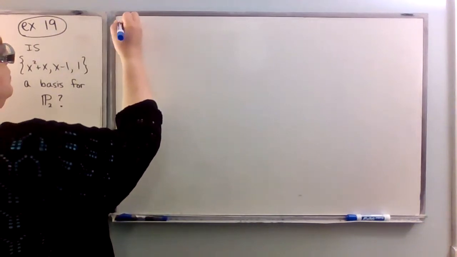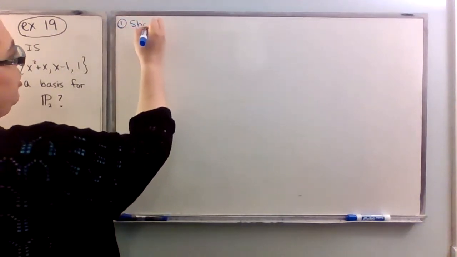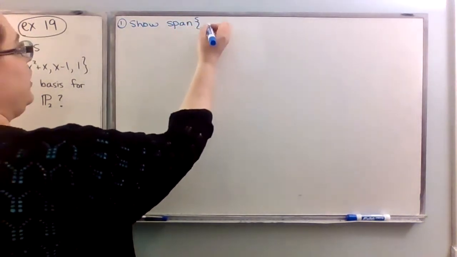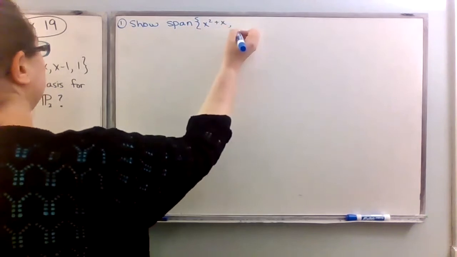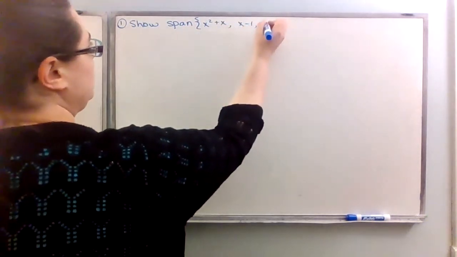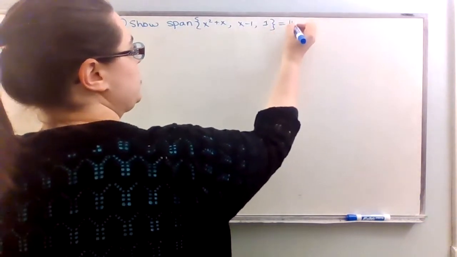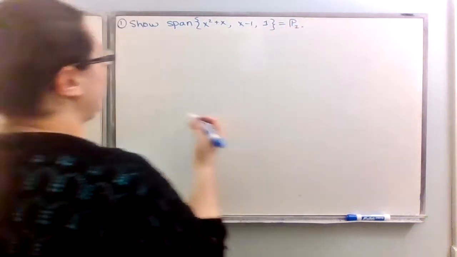So step 1 is we need to show that the span of x squared plus x, x minus 1, and 1 equals P2, right?